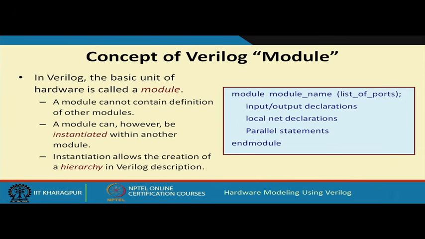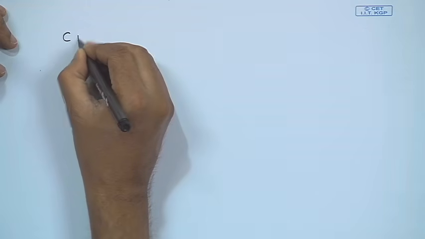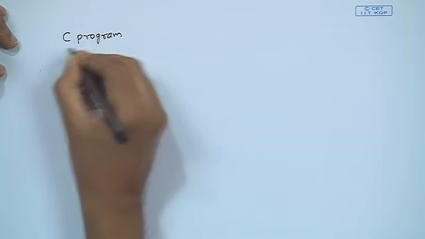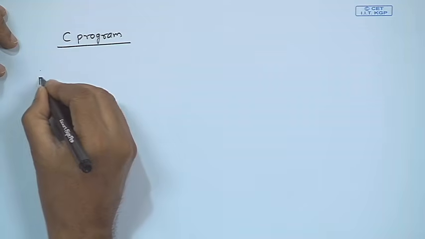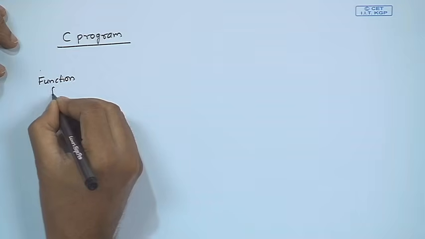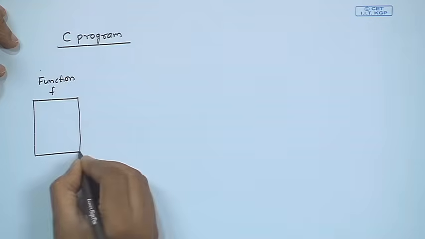Here we have a marked difference between how a program like C works and how Verilog works. Let me try to explain. In a C program, let us say there is a function f, this is the body of the function.